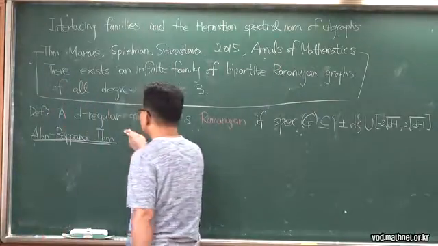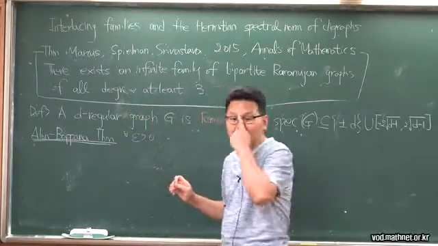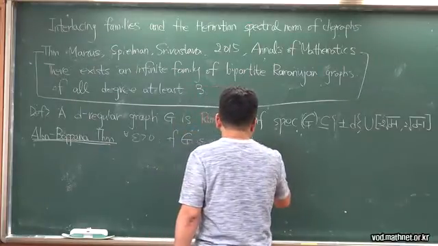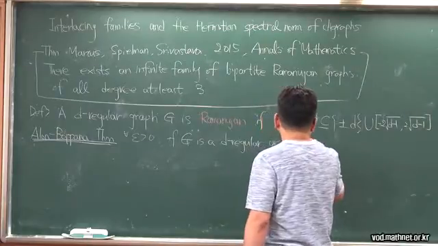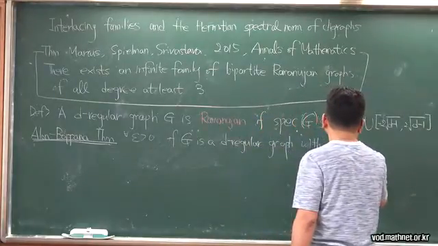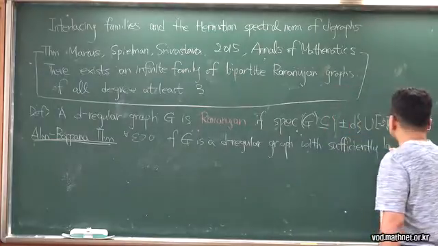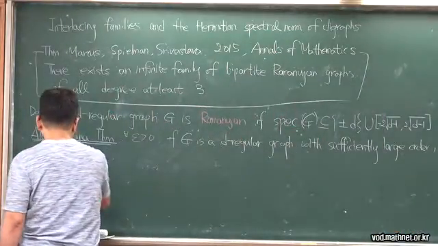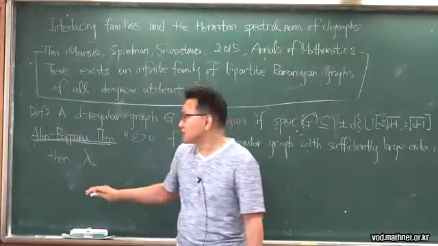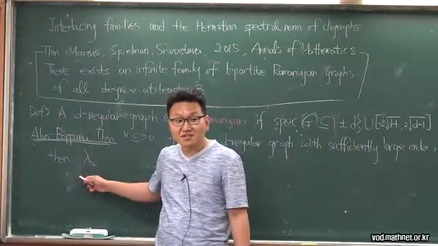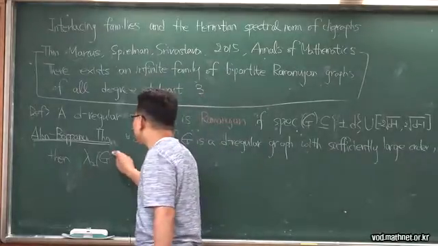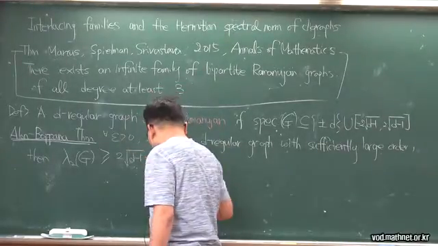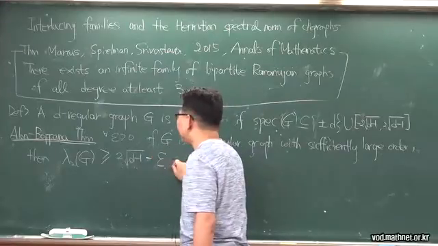Roughly speaking, given a positive epsilon, if G is a d-regular graph with sufficiently large order, then the second largest eigenvalue of the adjacency matrix of G is greater than or equal to 2 times the square root of d minus 1, minus epsilon.